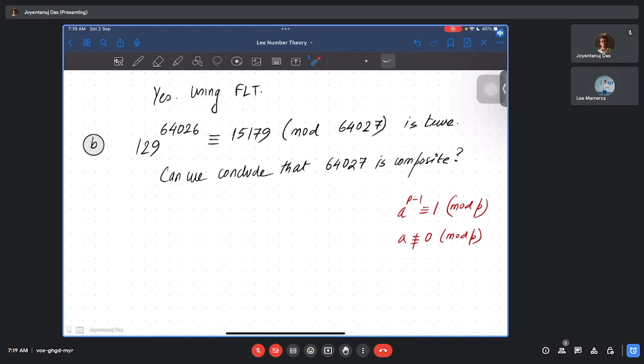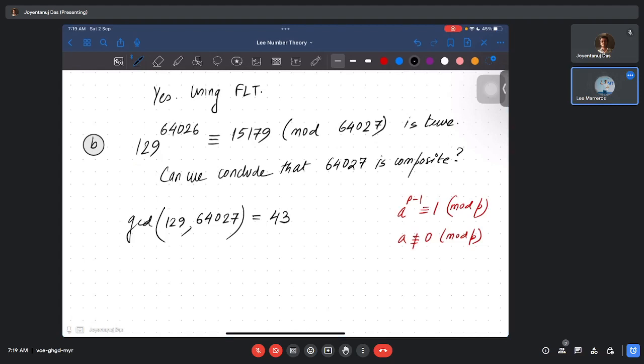But actually, if you check this calculation, the GCD of 129 and this number is actually 43. So this is not 1. They are not coprime.